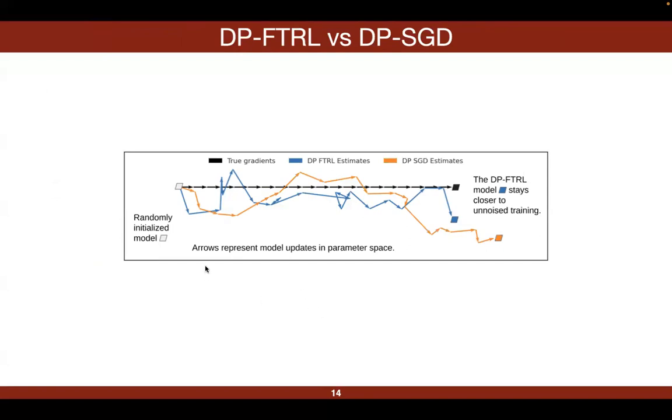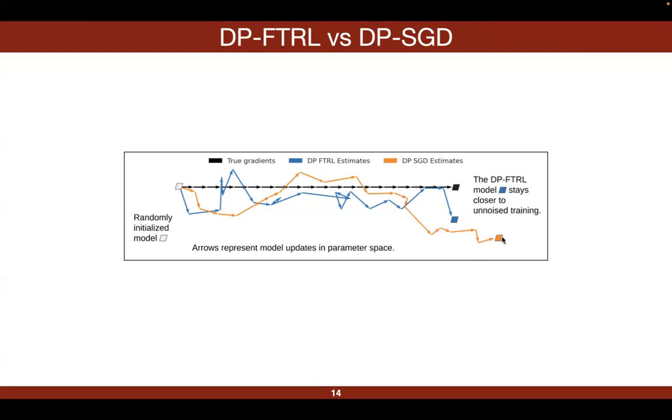Conceptually, this is how we can compare DPFTRL and DPSGD. For DPSGD, the per round noise is smaller. So we would expect a smaller deviation in the beginning in each per round estimate. But because the noise is IID, it can accumulate pretty fast.